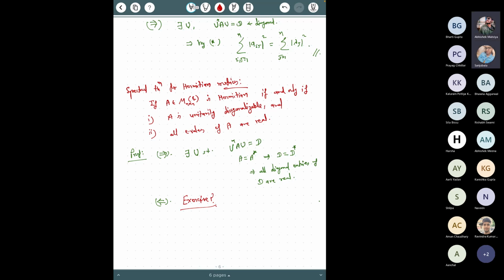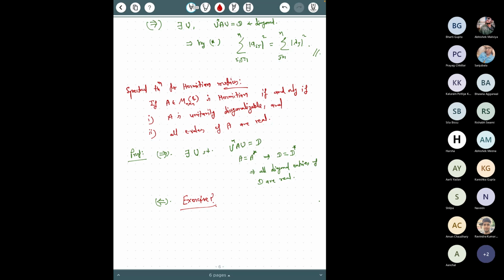In general, we know that eigenvectors corresponding to distinct eigenvalues are linearly independent. Now, if they are linearly independent, then we can make them orthonormal. So we can find vectors which are in the same span and they are orthonormal.